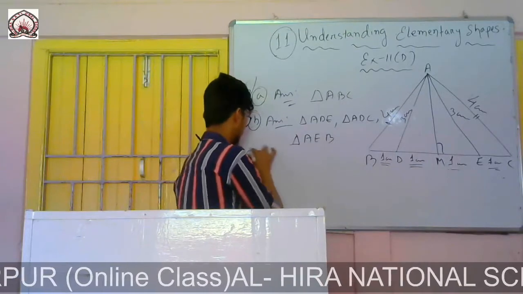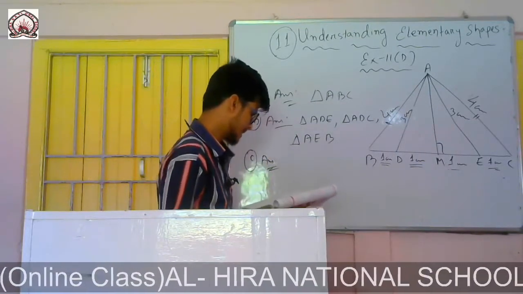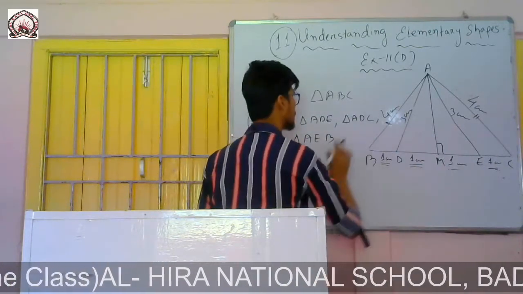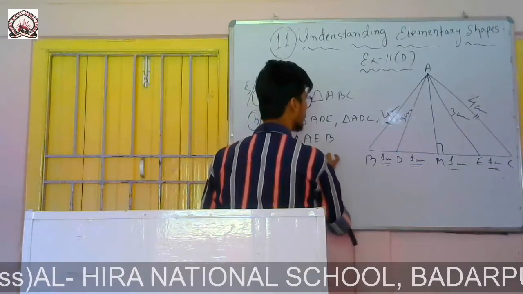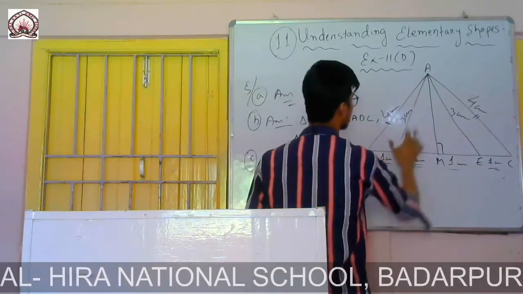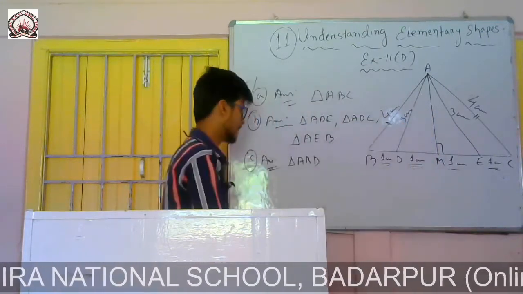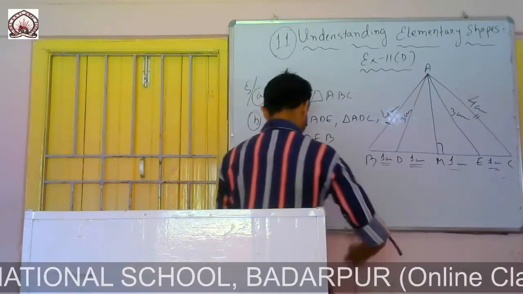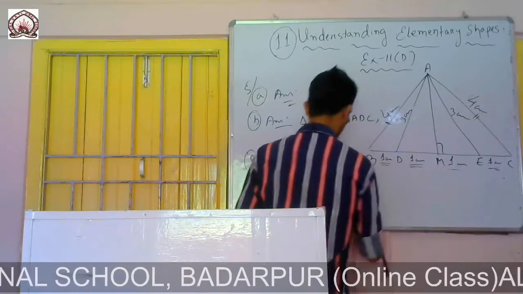Now, you have to write the scalene triangle. That means all the three sides should be unequal. If I start from one side, it will be triangle ABD. This side is 3 centimeter, this side 4, this side 1. These three sides are unequal, so it is a scalene triangle. The next one, triangle ABM. Let me write, then I will show you.